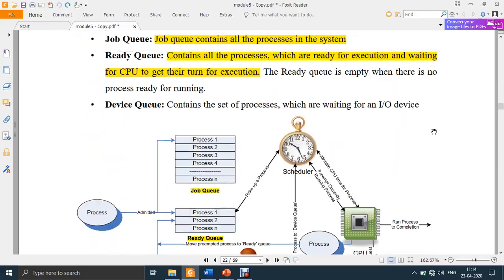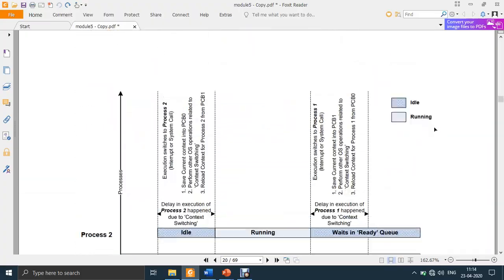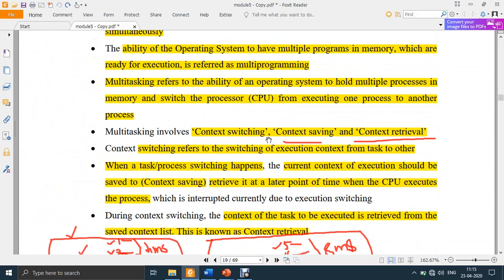If I go back, the three important procedures that we discussed were first context retrieval, then context save, then context switch. Right? So if you remember, context switch, save, and retrieval.